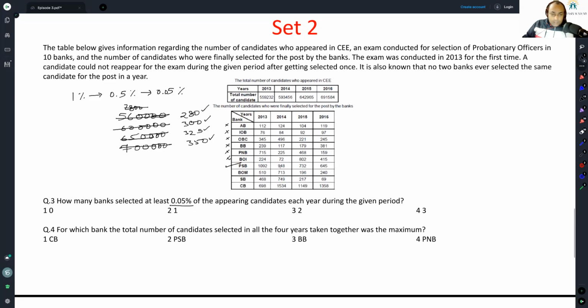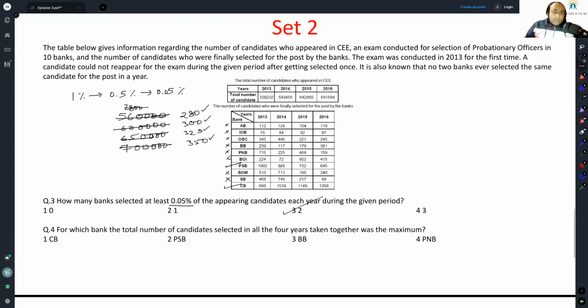So yes, PSB gets counted. BOM fails in the 3rd year. SB fails in the 3rd year. CB passes in the 1st year. Yes, passes in the 2nd year, 3rd year, 4th year. CV passes in all these years. So the answer to the question is option 3, 2.